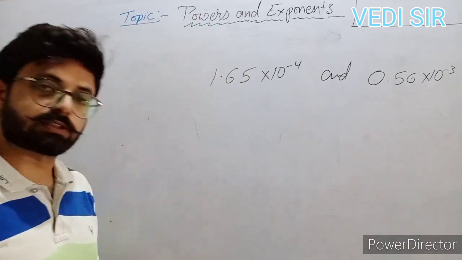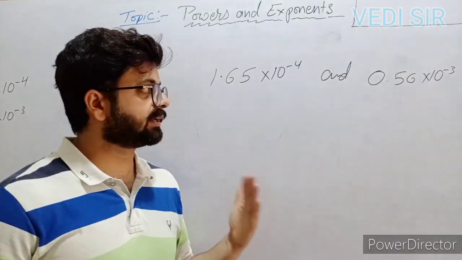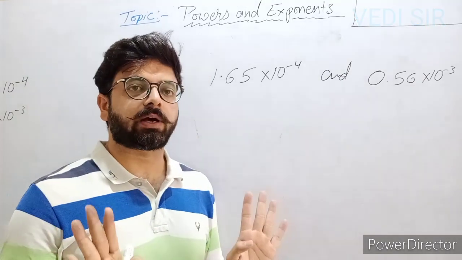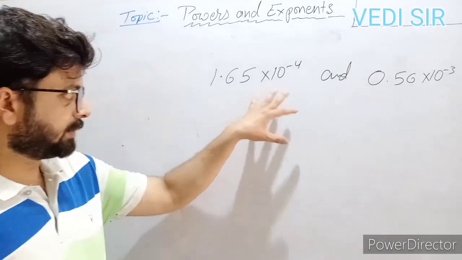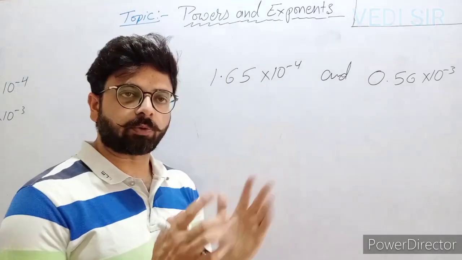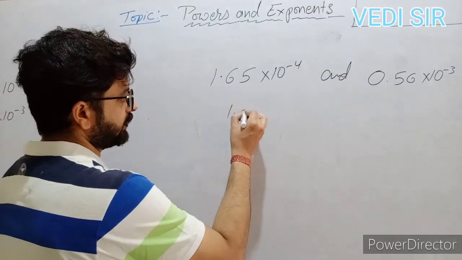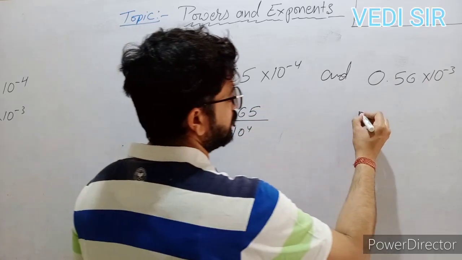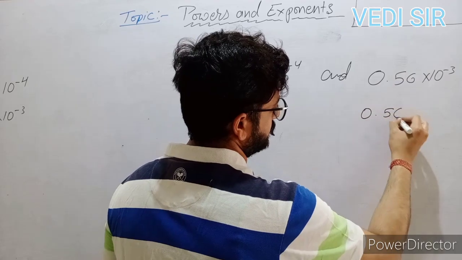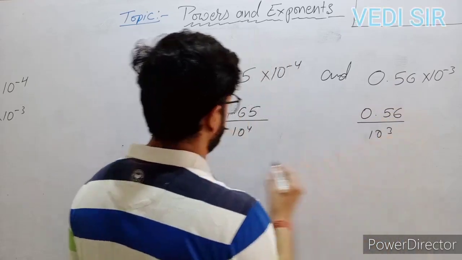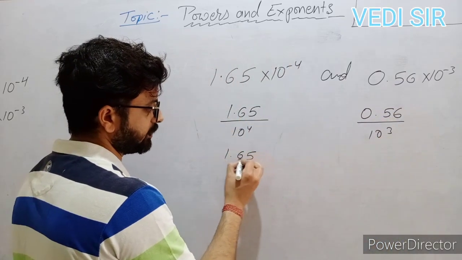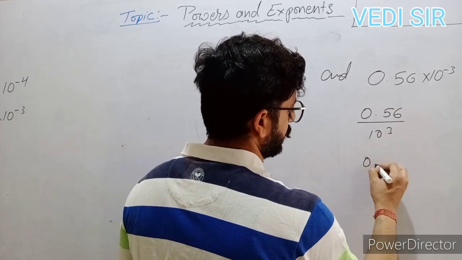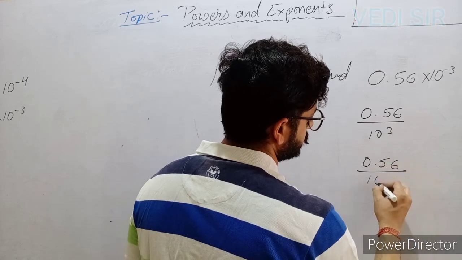Guys, there is a direct trick for this to find which number is greater and which is smaller, but I am telling you the proper method. Write 1.65 upon 10 raised to the power 4, and 0.56 upon 10 raised to the power 3. That is 1.65 upon 10,000 and 0.56 upon 1000.